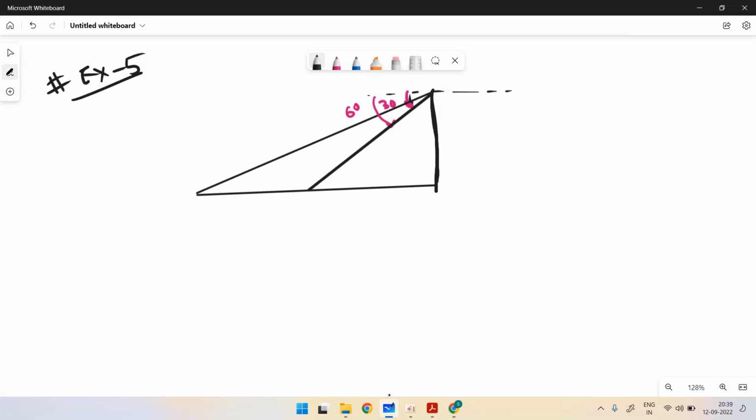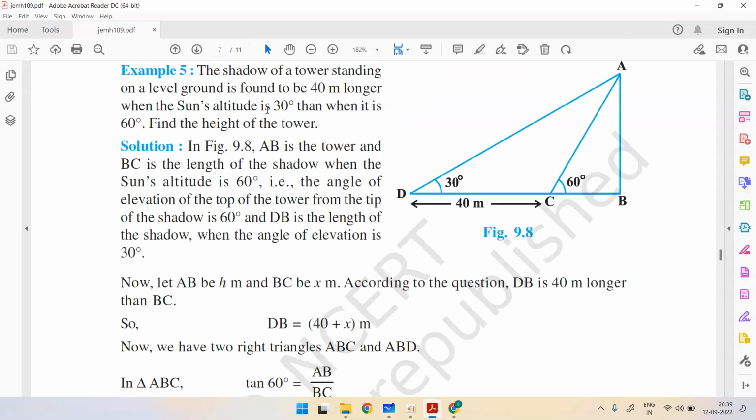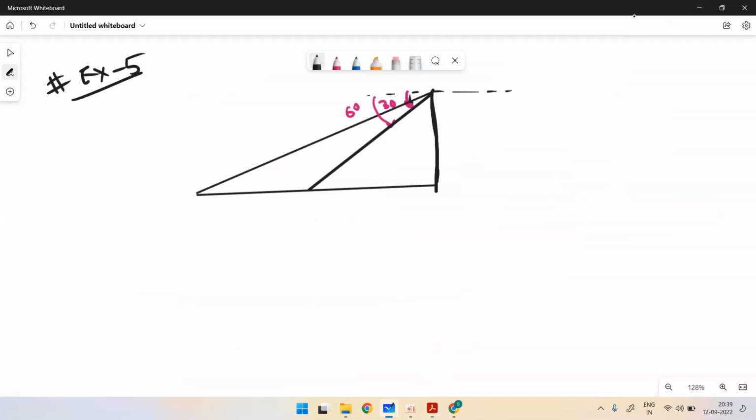So it is given that the shadow of a tower standing on level ground is found to be 40 meters longer when it is at 30 degrees than at 60 degrees.